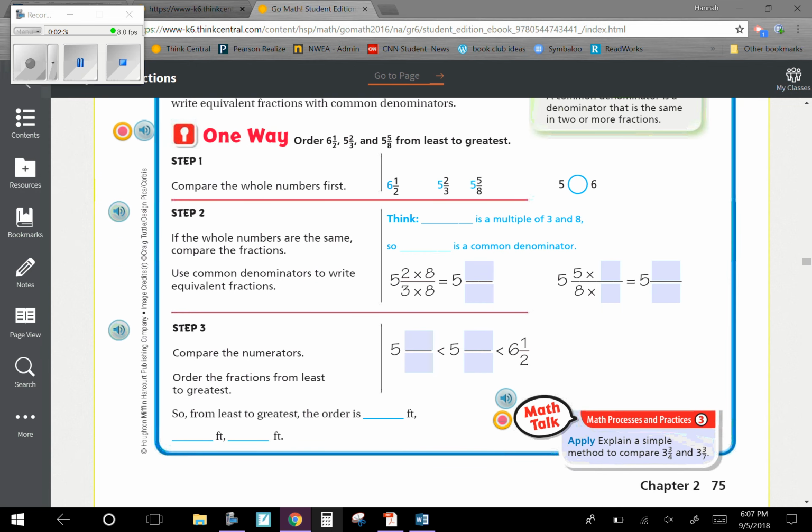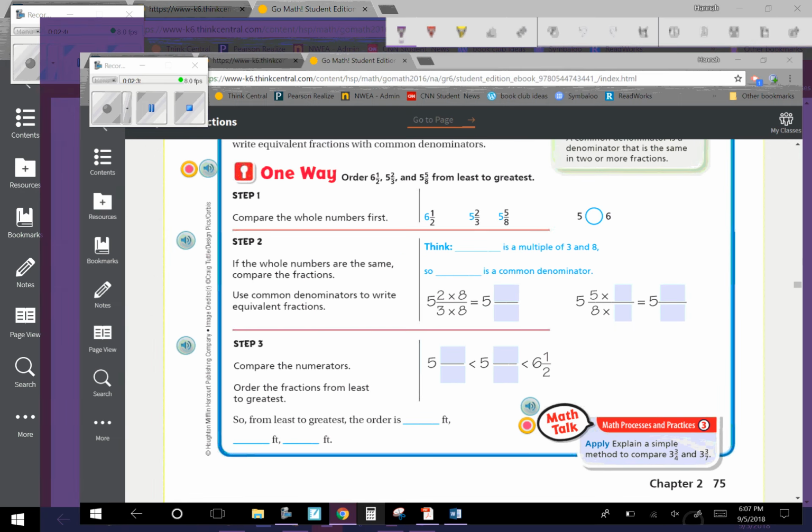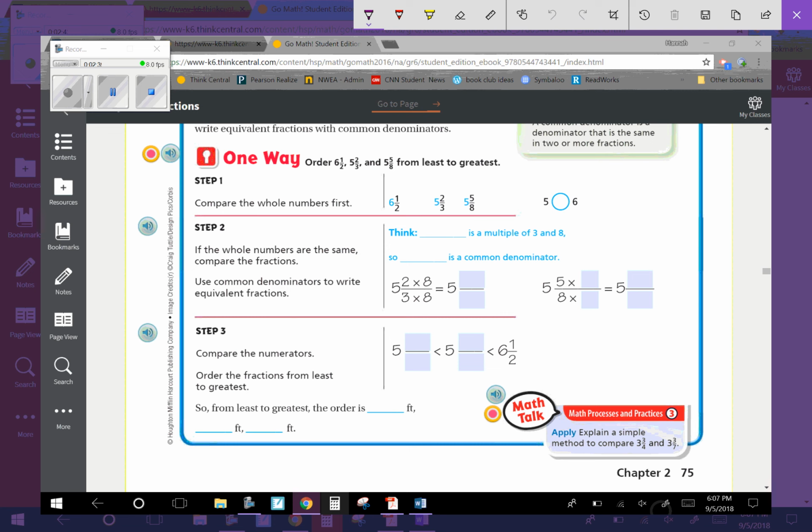Okay, so remembering those, let's look at this one way. We're going to order 6 1/2, 5 2/3, and 5 5/8 from least to greatest. The first step is just to compare the whole numbers. So if I have a 6, a 5, and a 5, I know that 5 is less than 6. So I already know that this is my greatest number.